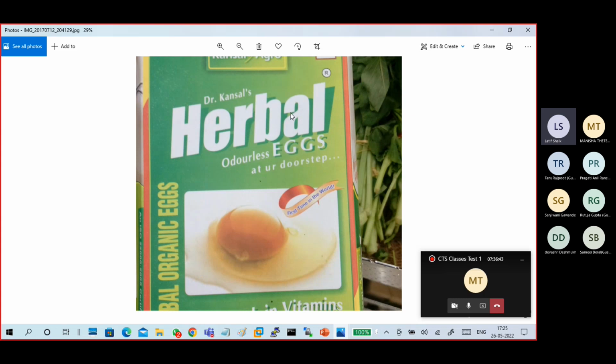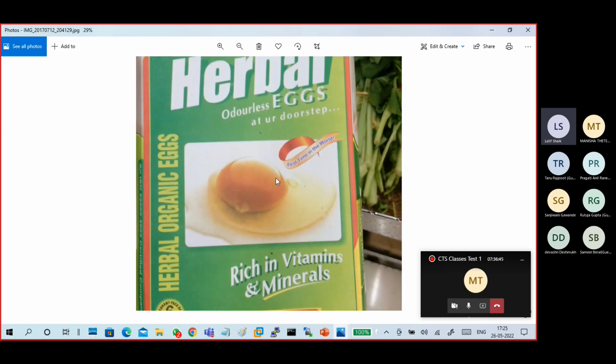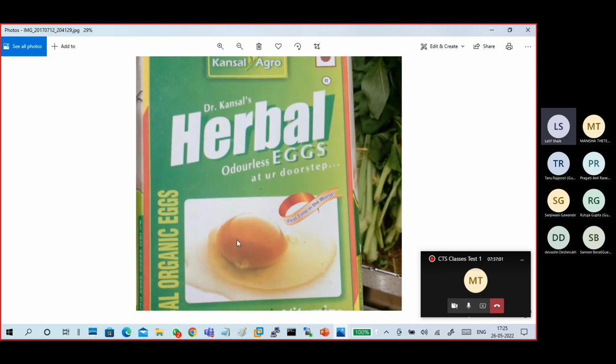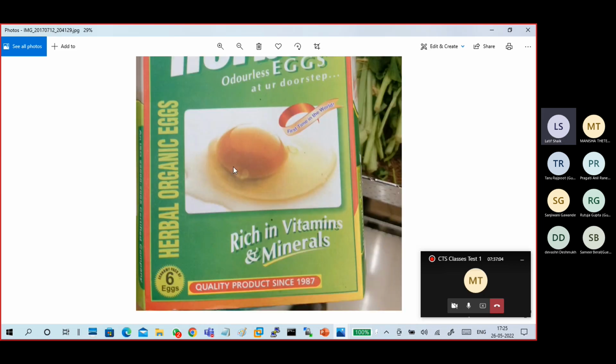And there is a red color also. And if you break the egg, it is not white and yellow kind of stuff. It is something like a gulab jamun. Odourless, herbal, organic eggs. It's not chicken eggs. Maybe they will take it from somewhere. Rich in vitamins and minerals. Since '87, they are cheating. First time in the world.